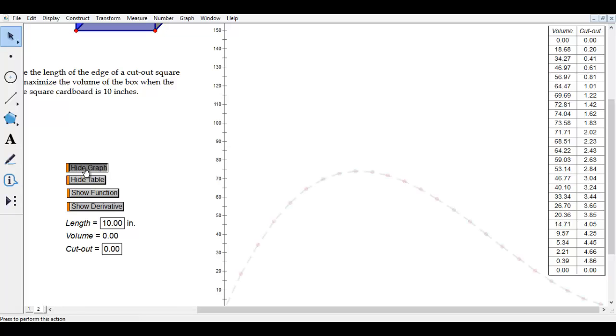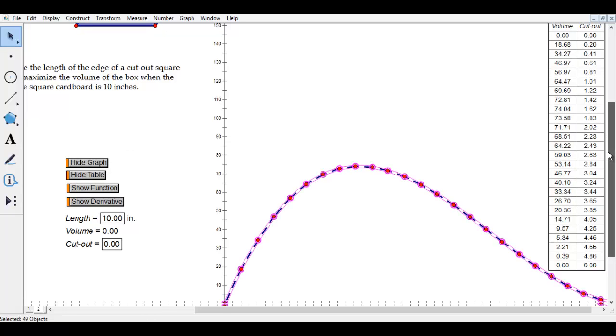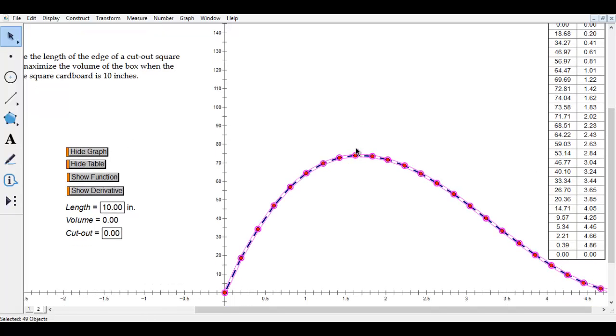And I graphed it and as you can see on the graph, that's about right here at this point. And that's just an estimate, because I believe the optimal volume is when the cutout is about 1.69 inches.